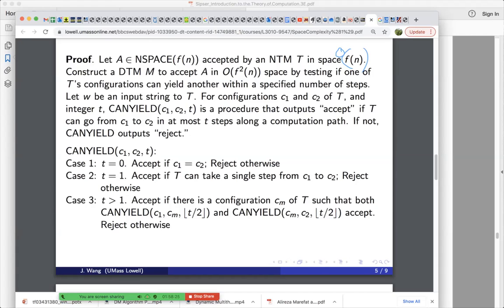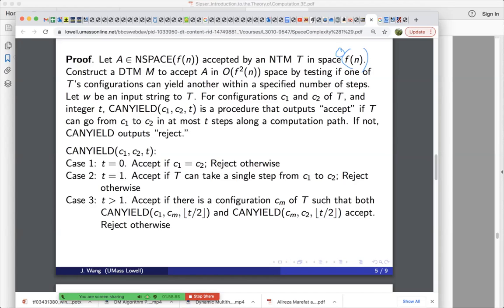So to put things into context, let W be an input string to T. And let C1 and C2 be configurations of T, and small integer t, now capital T is the machine, small integer t. Then for configurations C1 and C2 and an integer t, we define CANYIELD(C1, C2, t).